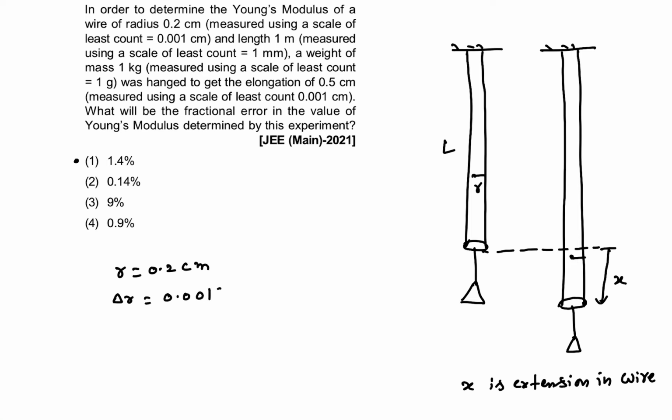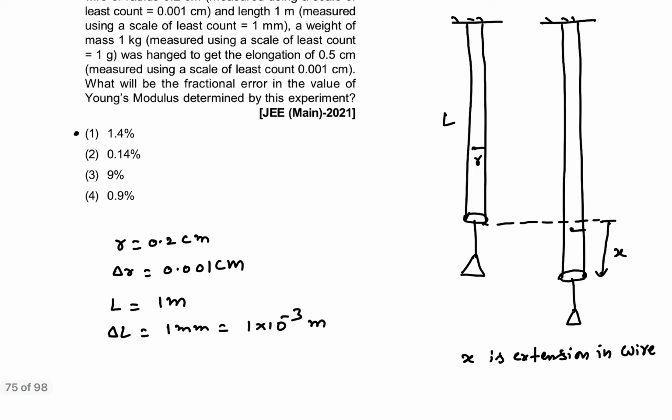Now what was given? We can see here, radius r is given as 0.2 centimeters. Delta r is given as 0.001 centimeters. Length L is equal to 1 meter. Next, delta L is given as 1 millimeter, and 1 millimeter is 1 into 10 to the power of minus 3 meters. Mass is given as 1 kg.